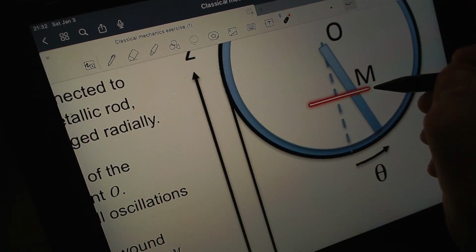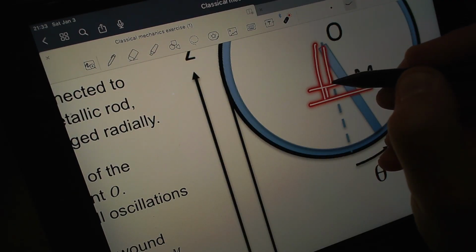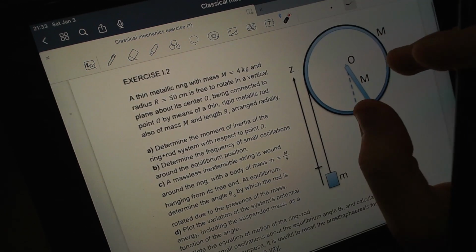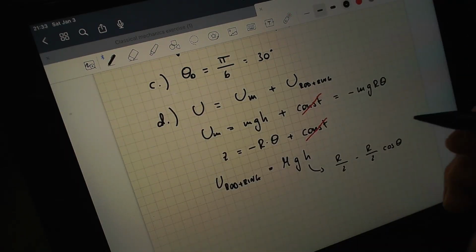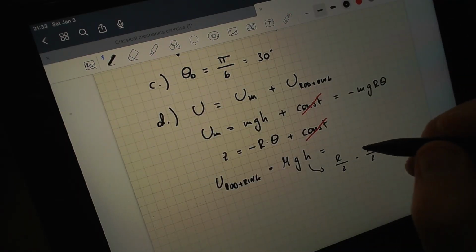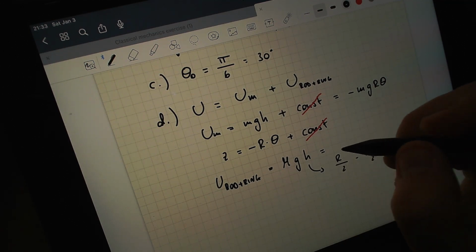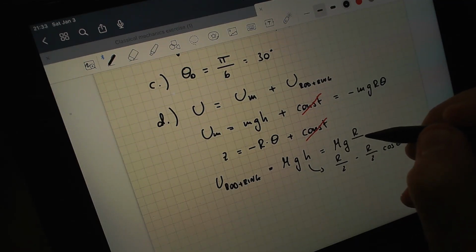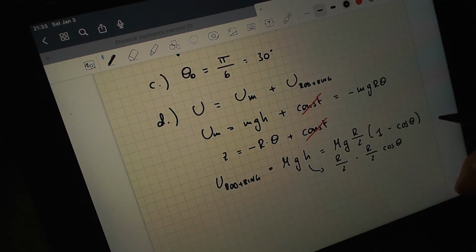So this distance here, which is given by r over 2 minus this distance, which is r over 2 times cosine of theta. So this is the result for h. Because of this we can write that the potential energy for the rod is just m g r over 2, and then we can write 1 minus cosine of theta.